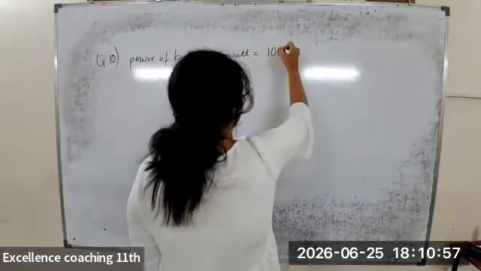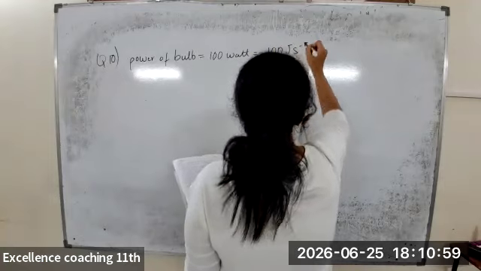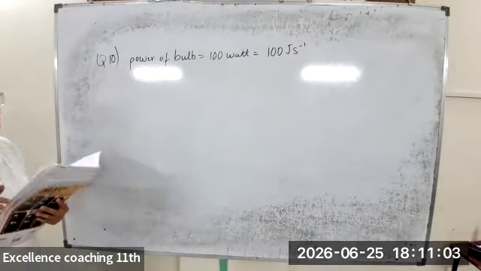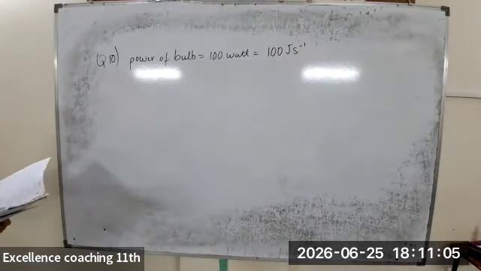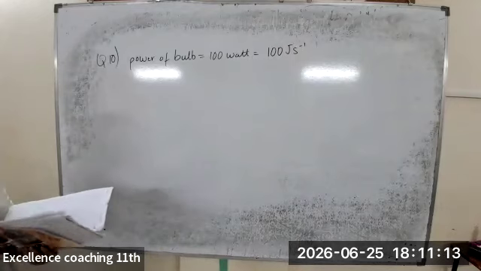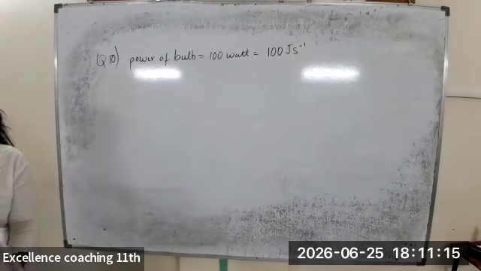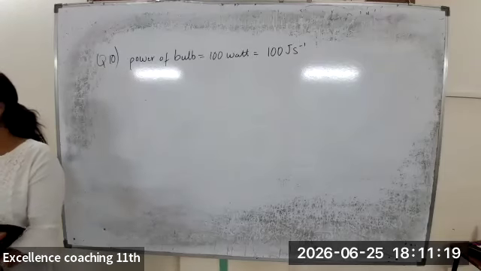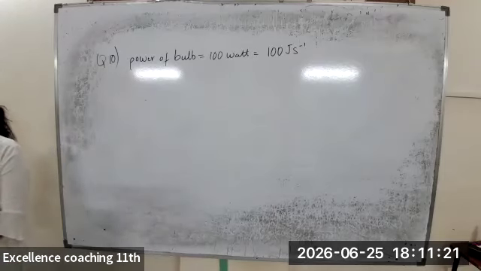So I will write 100 joules second inverse. Now they have told us to calculate the number of photons emitted per second by the bulb. So for that, to find the number of photons, we have to find how much energy is required to emit.